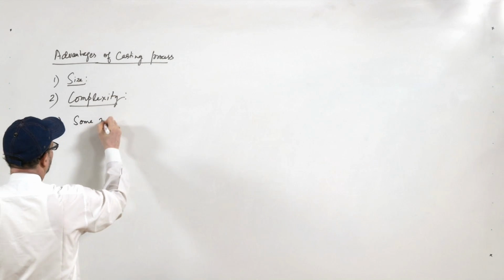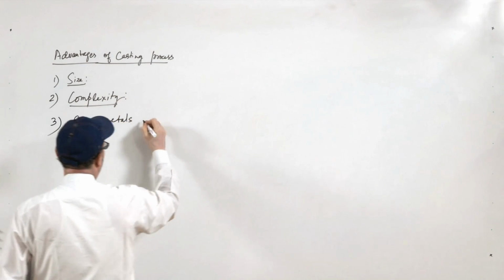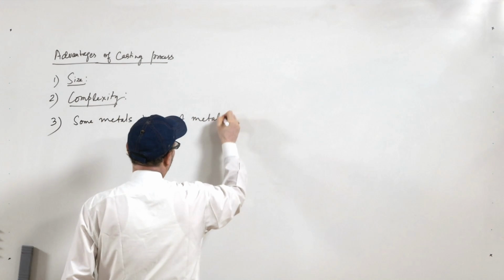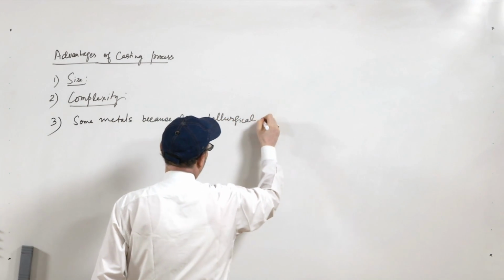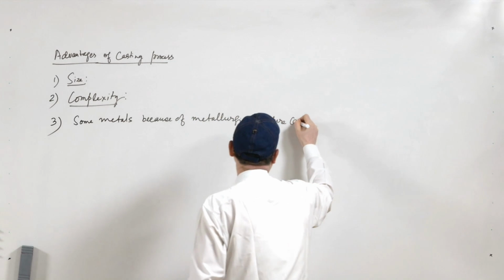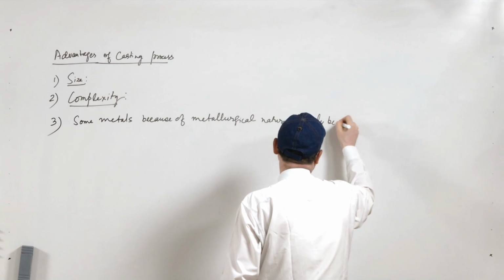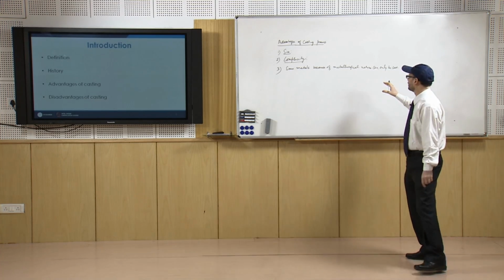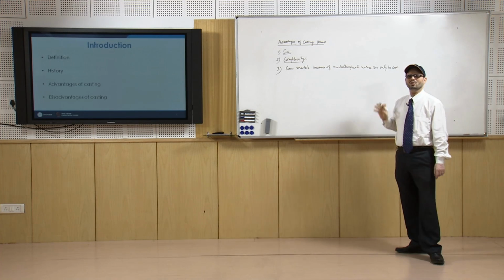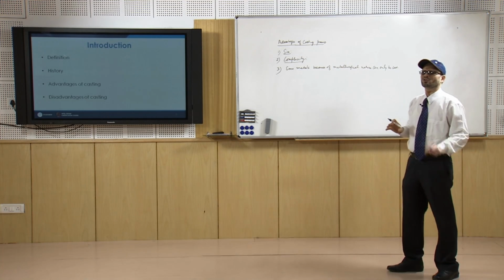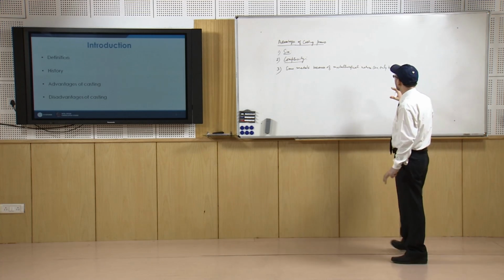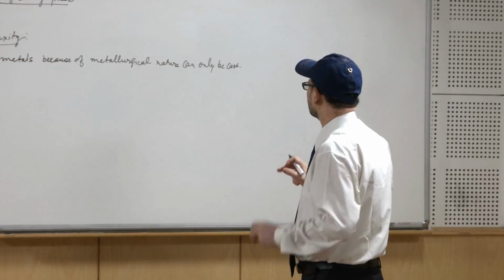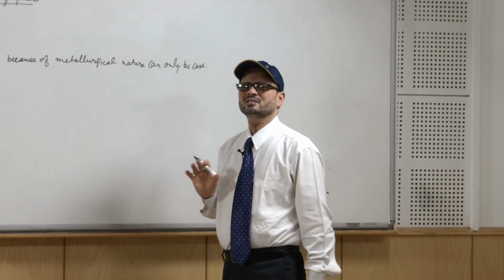Some metals, because of their metallurgical nature, can only be cast. This is a very important advantage of casting. Rather, we are forced to go only for casting for certain metals, because they cannot be formed by other processes like forming. The typical example is cast iron.